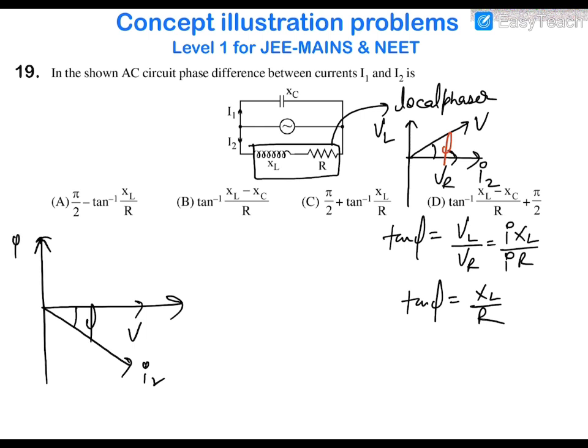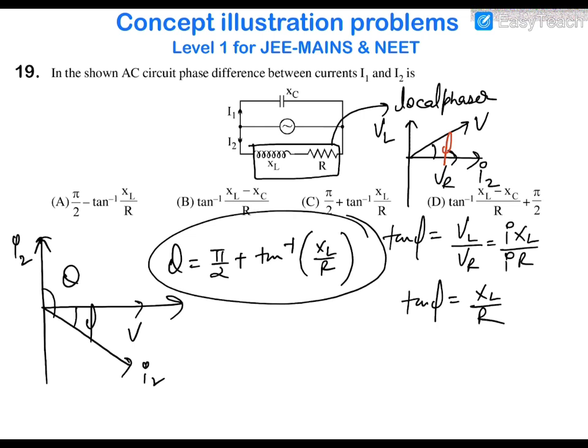So the current I1 will be drawn here, like this, and the net phase difference between the current I1 and I2 will be theta, and theta will be pi by 2 plus tan inverse XL by R. Okay, so this will be the phase difference between I1 and I2. So the correct option will be C.